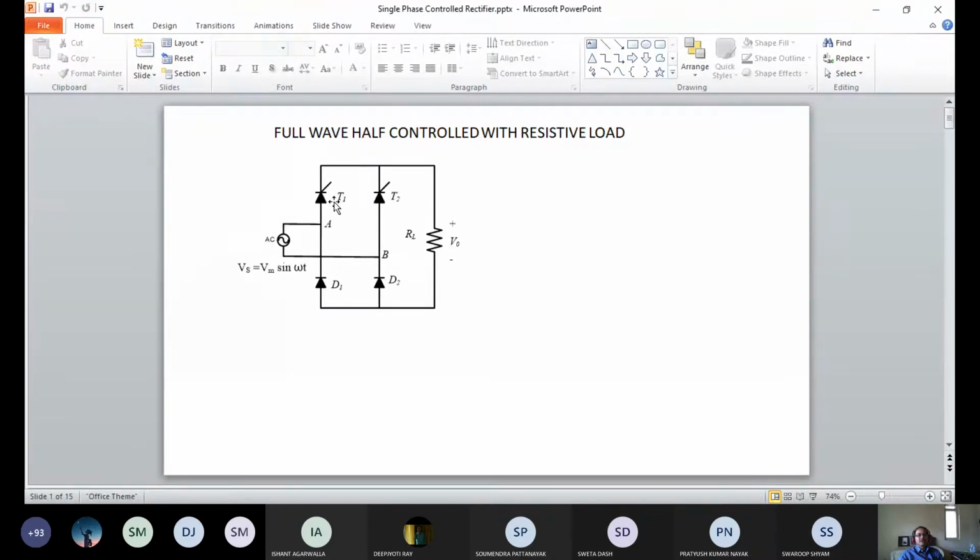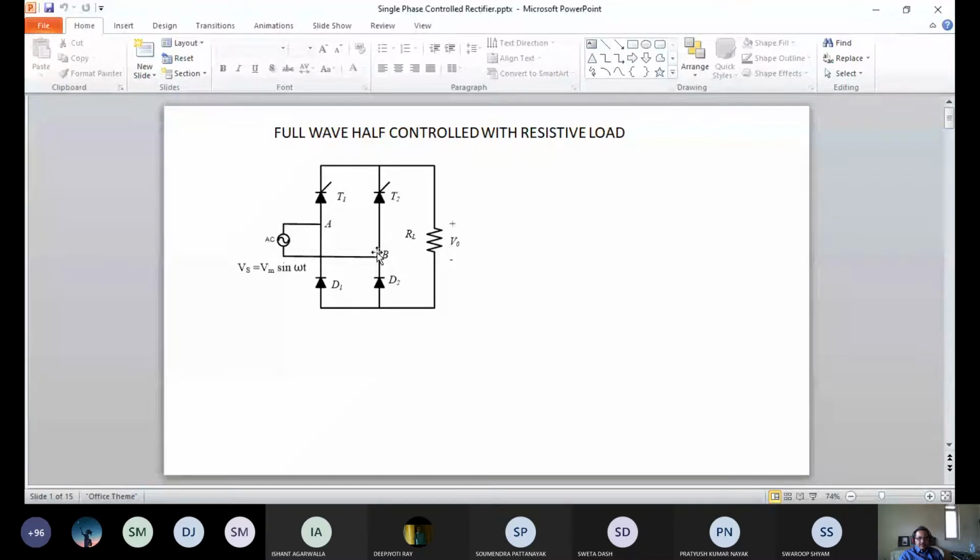As I told you, a switch that is off means it is open circuit. I cannot draw here, this is open. For ideal switches, we have assumed that when they are conducting, they are short circuited with no forward resistance drop, and when not conducting, they are open. You understand now? Now just apply this. B is positive, A is negative, right?